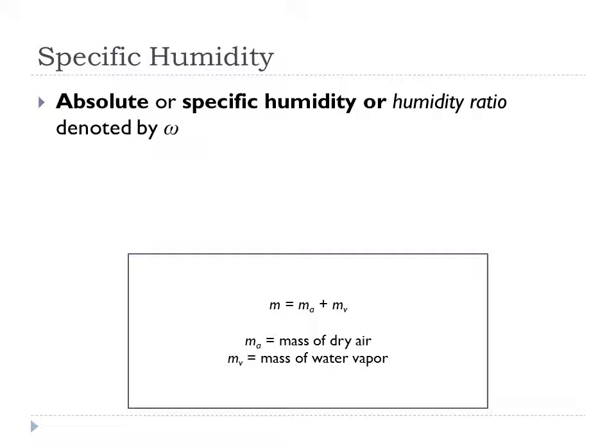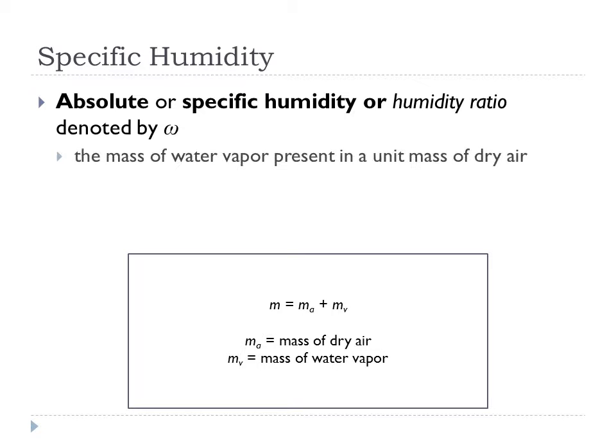Now, the specific humidity, which is also termed as absolute humidity or even humidity ratio, usually denoted by omega, is defined as the mass of water vapor present in a unit mass of dry air.